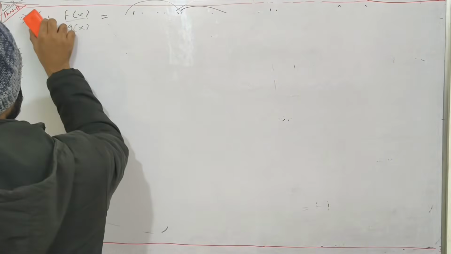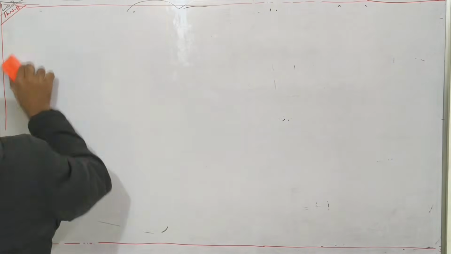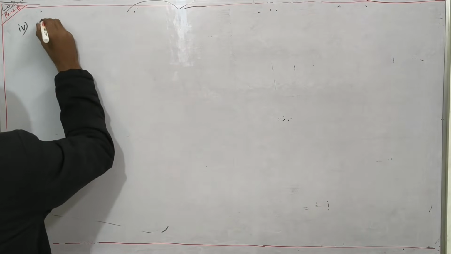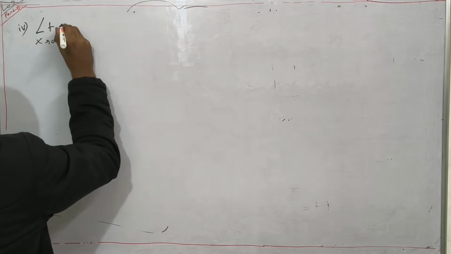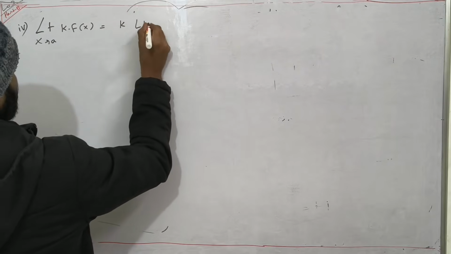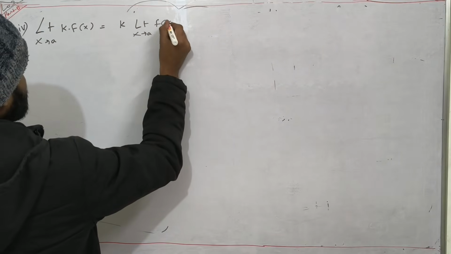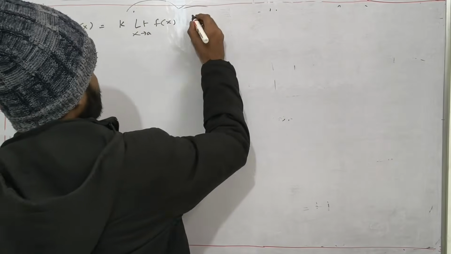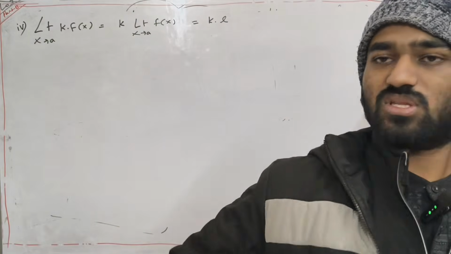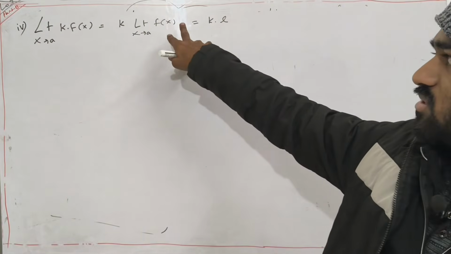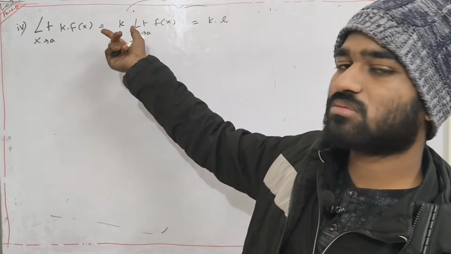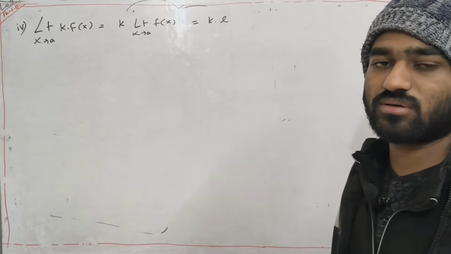Next question, next rule. The fourth rule is limit x tends to a of k into f of x equals k into limit x tends to a of f of x, equals k into L. Here also the limit x tends to a of f of x must exist, because if it doesn't exist you can't multiply it by a single number k.